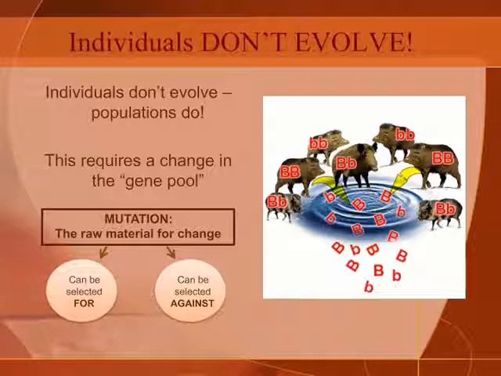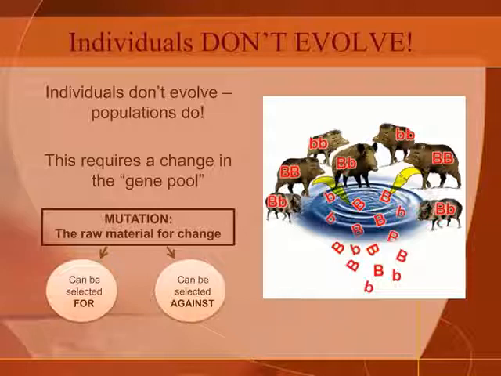Big B, big B and big B, little b represent the dominant version of the trait. Little b, little b are going to express the recessive version of the trait. Collectively, all of these alleles, big B's and little b's, represent the gene pool of this population that is living together, interacting, and breeding.